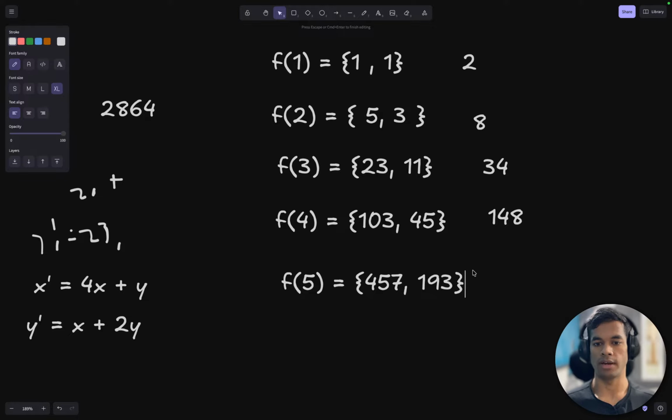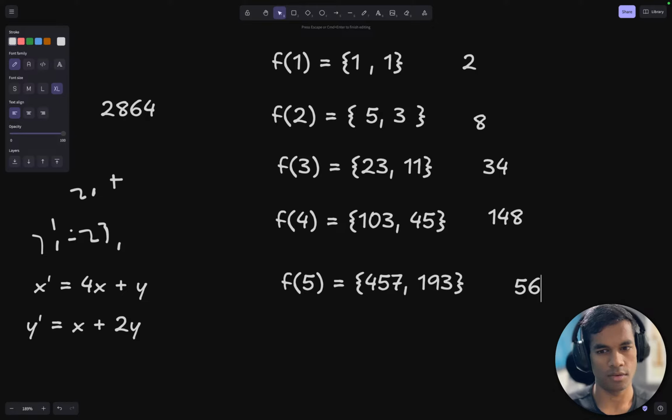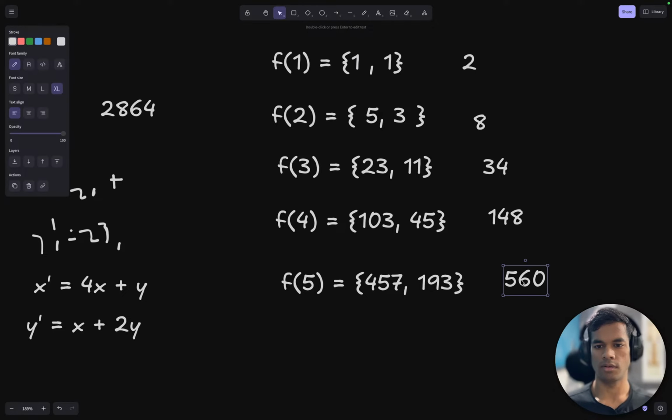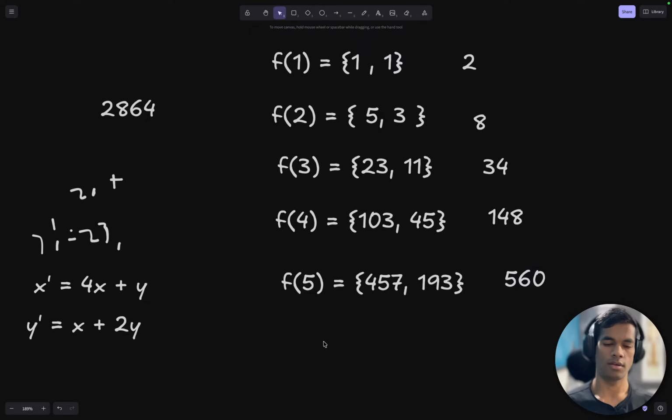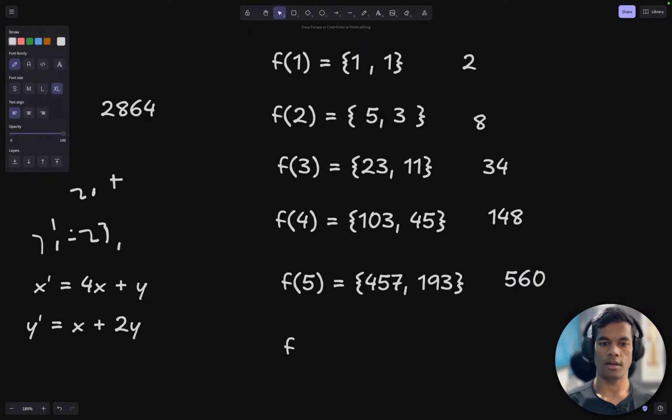Okay, cool. 193. And here we have 0, 1, 10, 5, 4, 5. 560. Okay. And then F6 would be equal to times 4, 90, 900 times 2, 180.